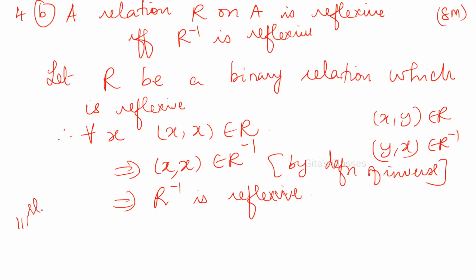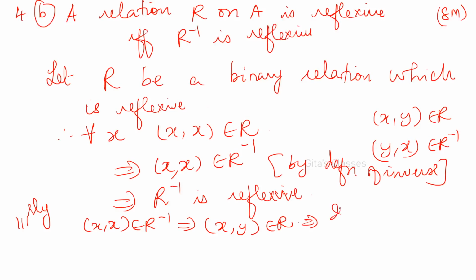Similarly, if you take x comma x belongs to R inverse, that implies x comma x belongs to R. Therefore, if R is reflexive, R inverse is reflexive. This implies if R inverse is reflexive, R is reflexive.